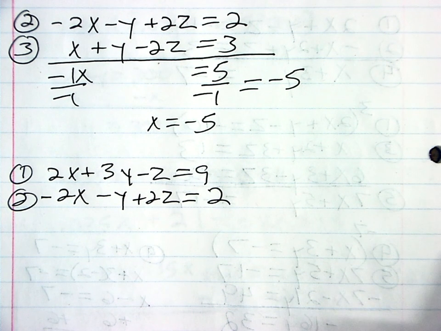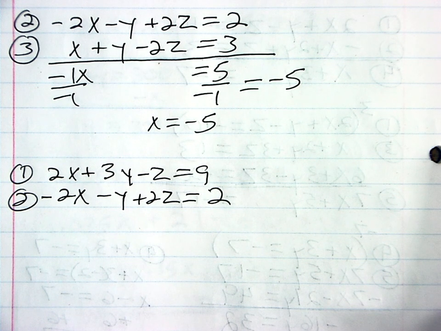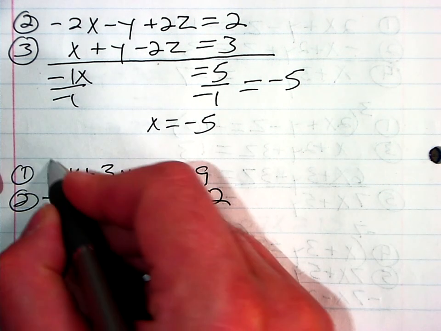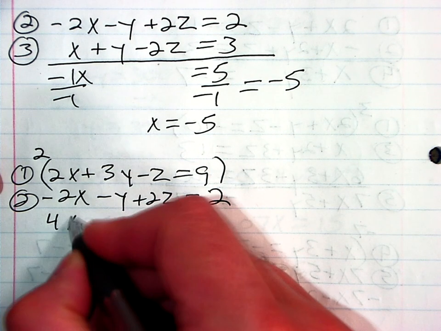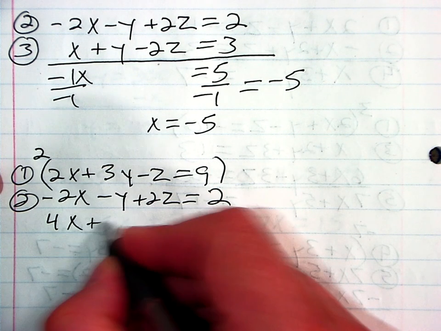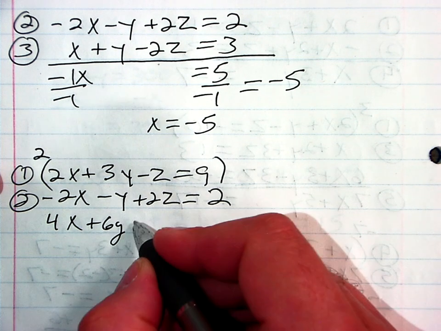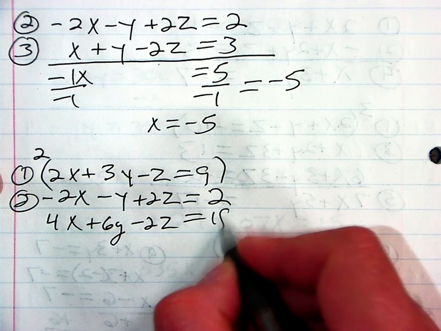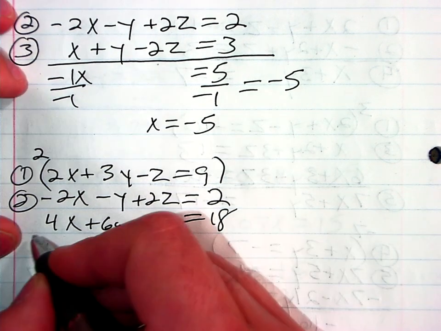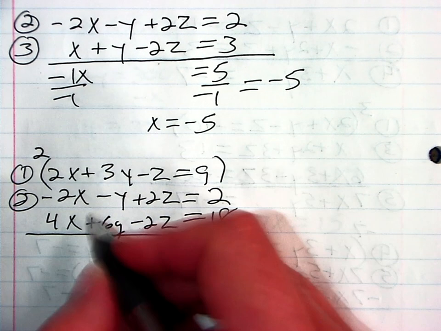All right, so we need to get rid of a y or a z. What do we want to get rid of? It doesn't matter. Z. Okay, so that means I'm going to multiply the top row by 2. 2 times 2x is 4x. 2 times 3y is 6y. 2 times negative z is negative 2z, and 2 times 9 is 18. So now we have a 2z and a negative 2z, so they're going to go away.